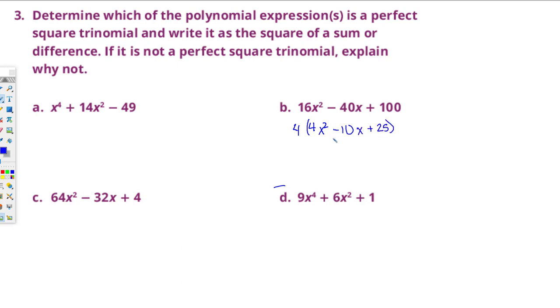And this right here is what you're going to look to test to see if it's a perfect square trinomial. The same thing goes for C: you'll have to take out something and then check for a perfect square trinomial. Go ahead and see which one of these will work.